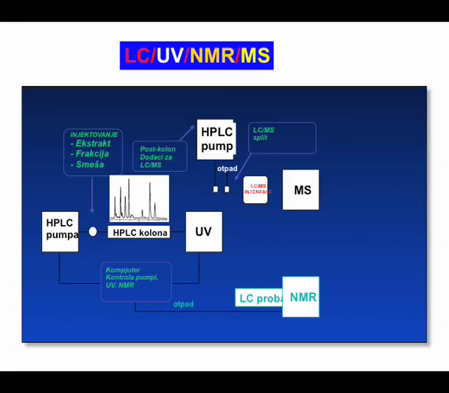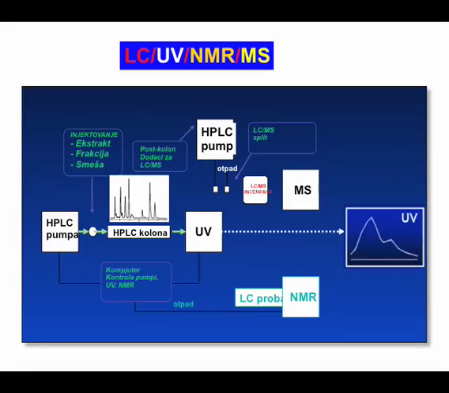I'm coming close to the end of my presentation. Here it is shown that the analysis is difficult. I keep repeating this: with most modern tools that we have, such as HPLC columns, we never have so few peaks, and what we are particularly interested in is getting as much data as possible.